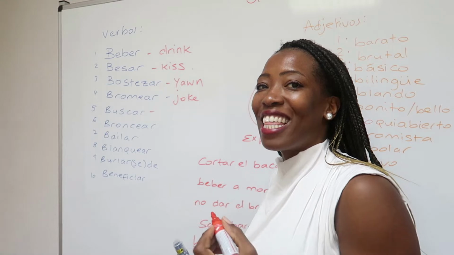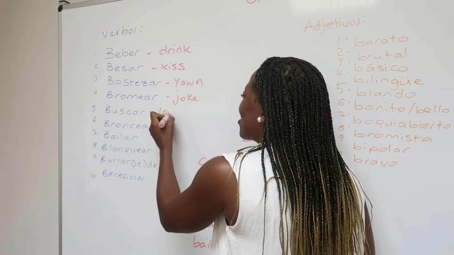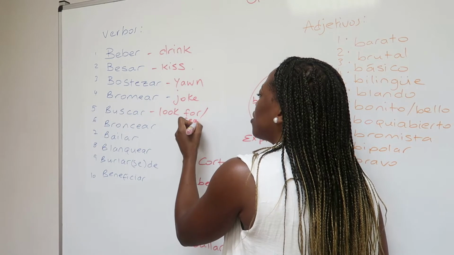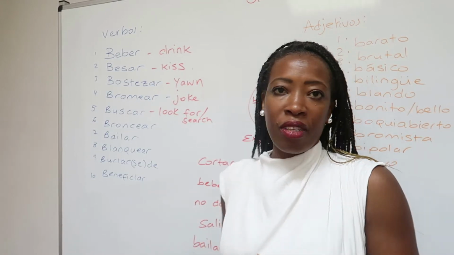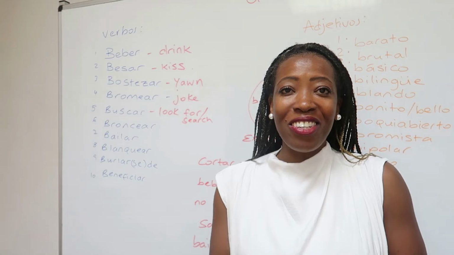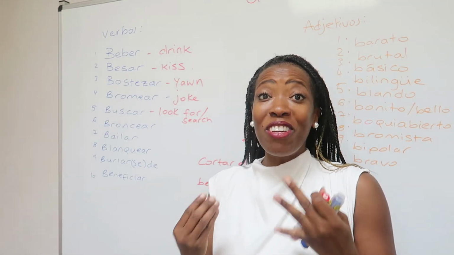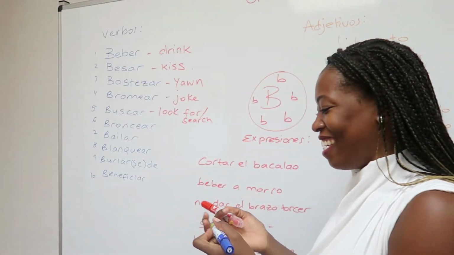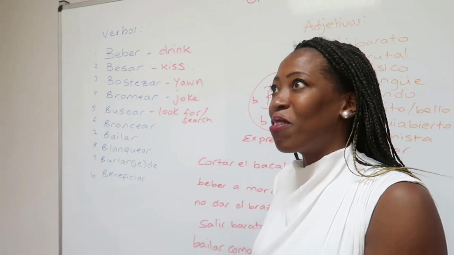Buscar. We see this to look for or to search for. Estoy buscando un trabajo. I am looking for a job. And this one, it's what lots of you will be doing over the summer.